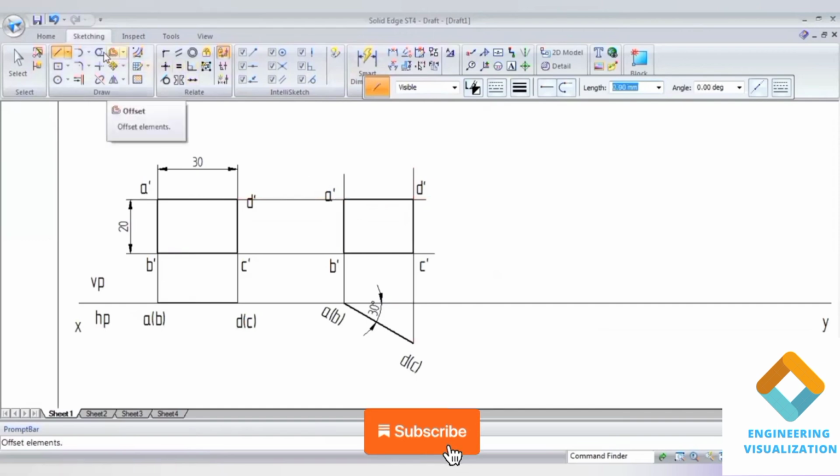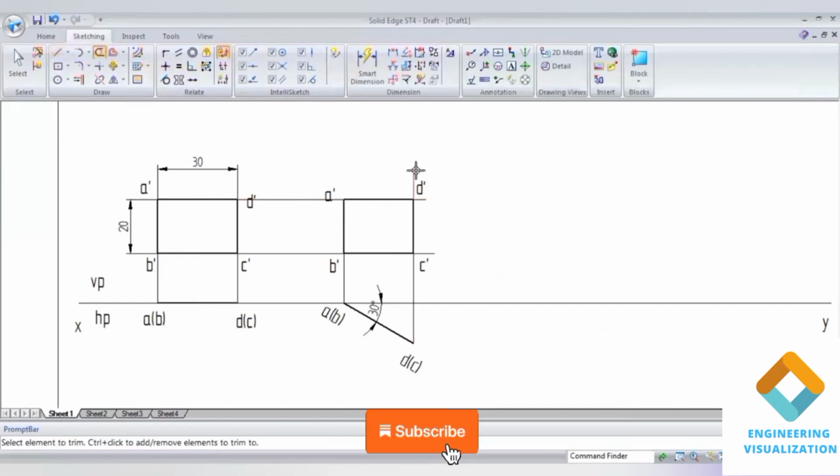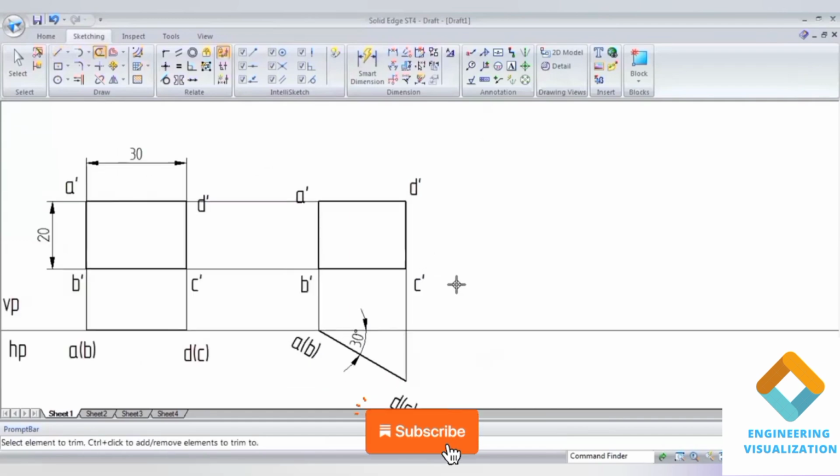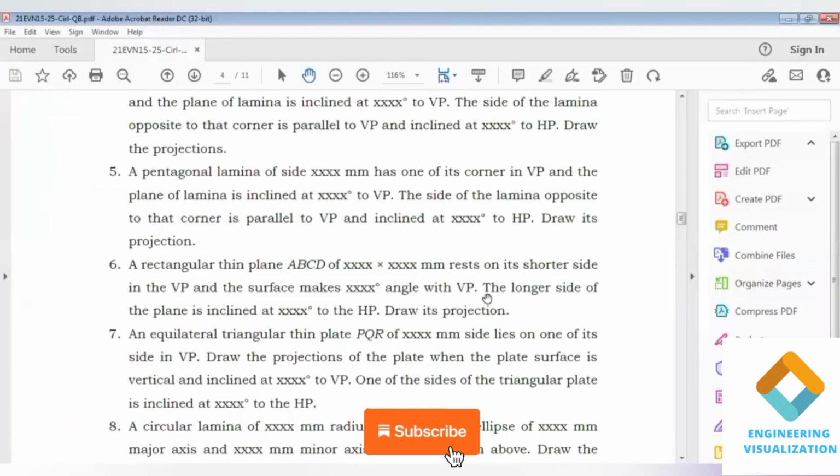Okay, second position top view completed, and trim off these extra lines. You can see now the longer side of the plane is inclined at some angle to VP.